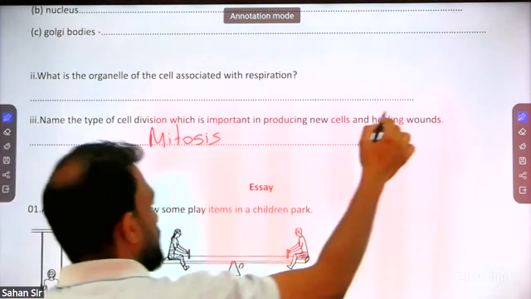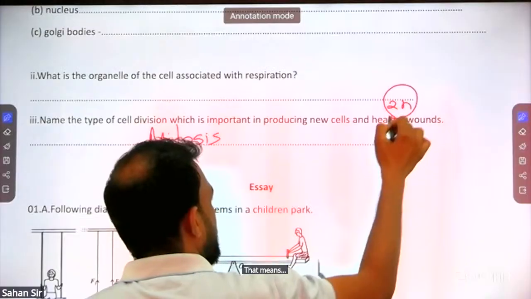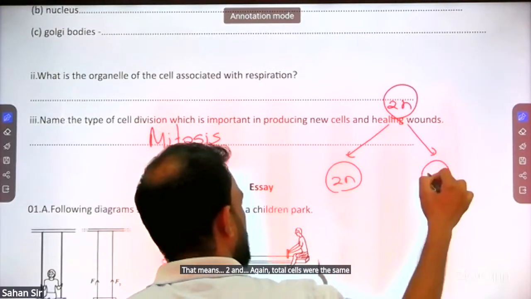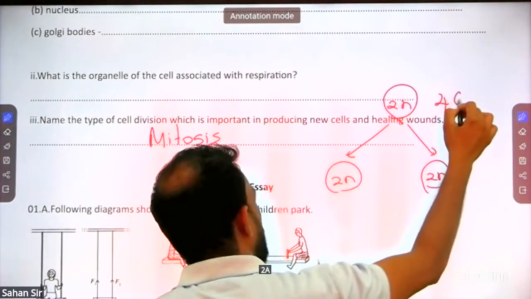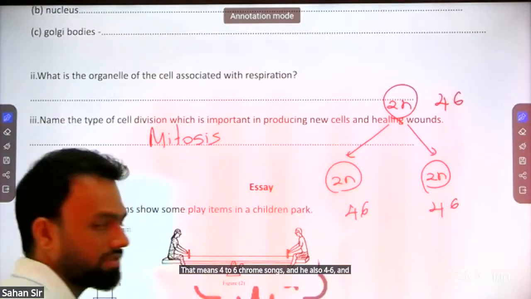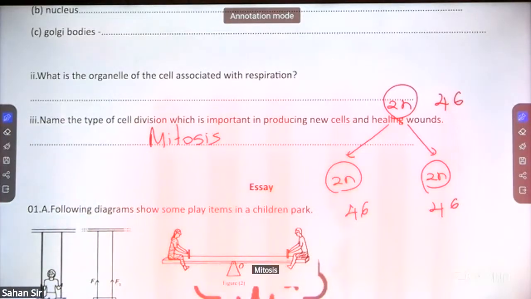That means 2N, and the daughter cells are again 2N. That means 46 chromosomes, and here also 46, and here also 46. Mitosis. Right. Is it clear?